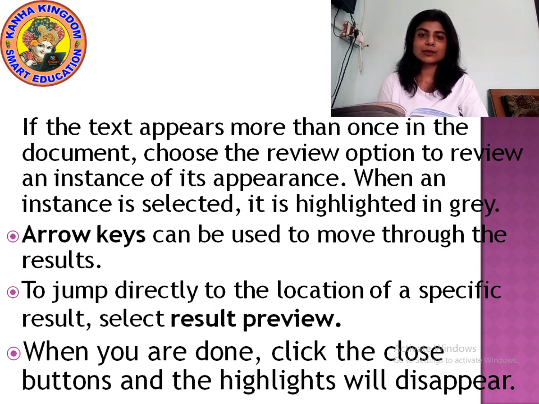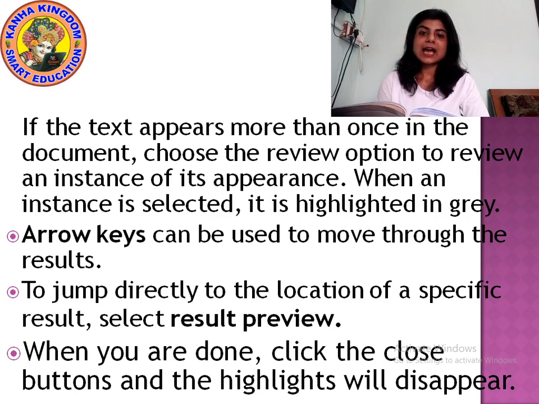When you choose that Review option, you will find this is the word and you can choose it only once. When an instance is selected, that means when that word is selected, it will be highlighted in which color? It will be highlighted in gray color. Once you have searched the word in the Find command, it will be highlighted in yellow color.